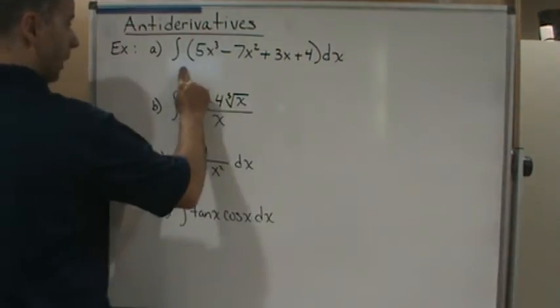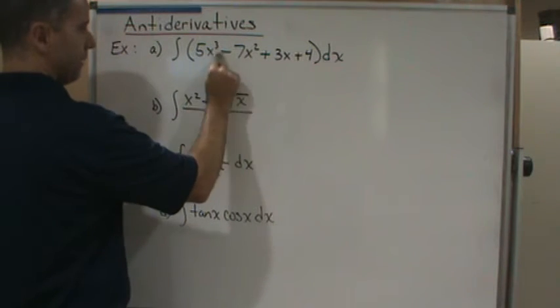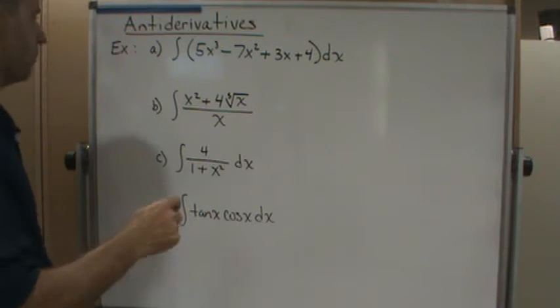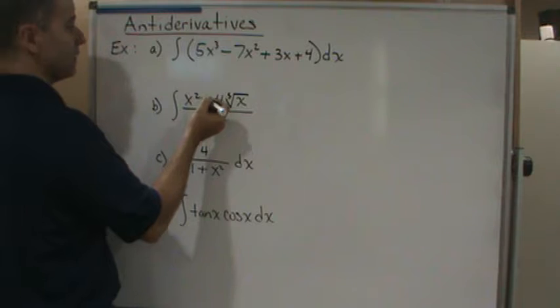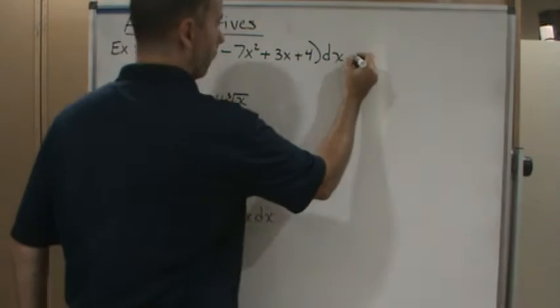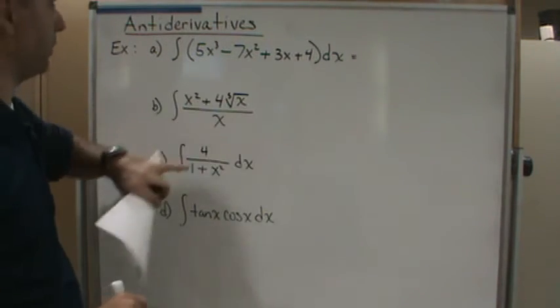So here we have a polynomial, and notice that it's these terms connected by plus and minus, so we're going to use the sum and difference properties. So what does this mean? It means that I can do this term by term.